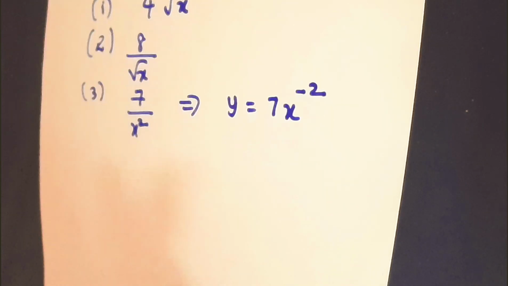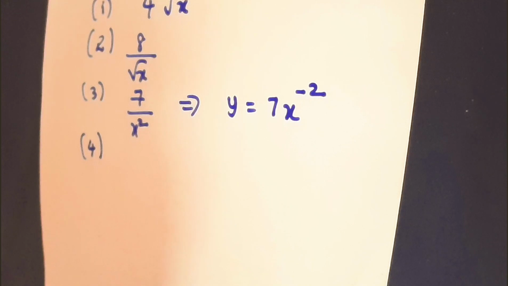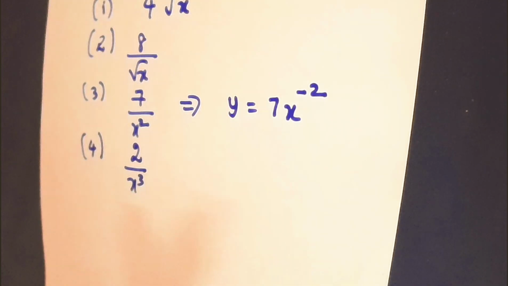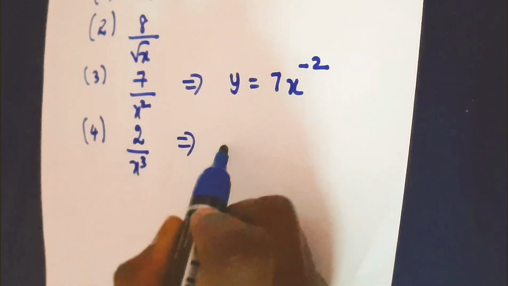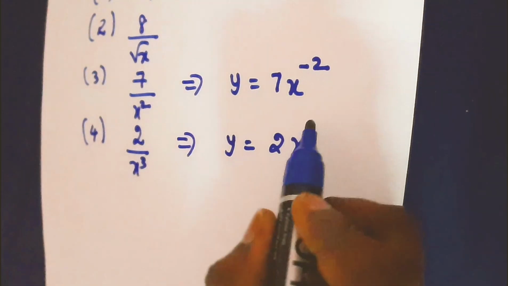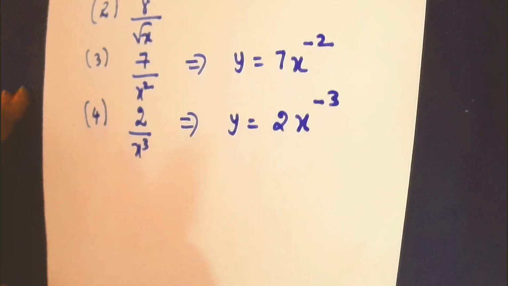Great. Okay. Fourth one. 2 by x cube. Again the same thing. 2 into x cube, if it comes to the denominator, x to the power minus 3, and then differentiate.